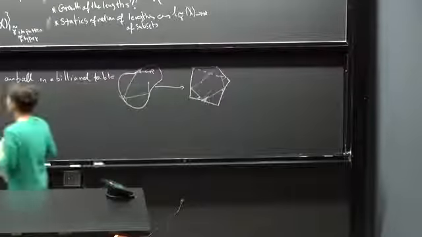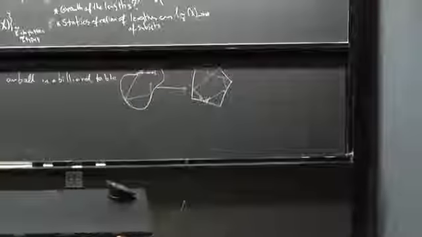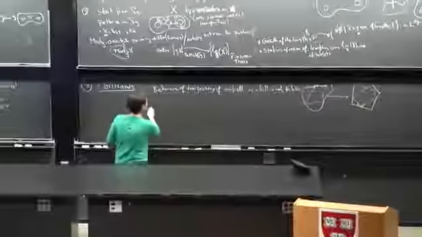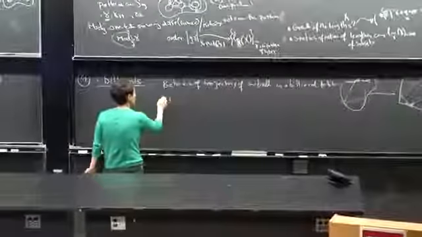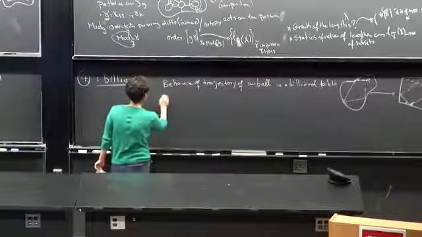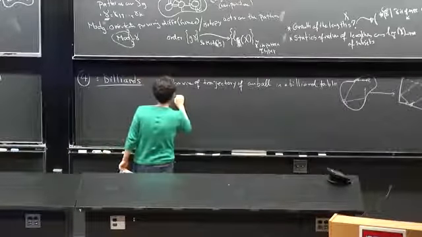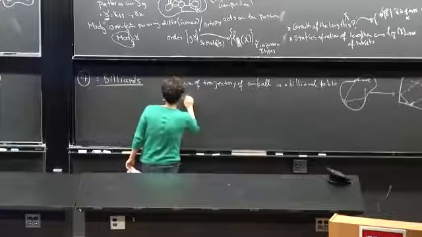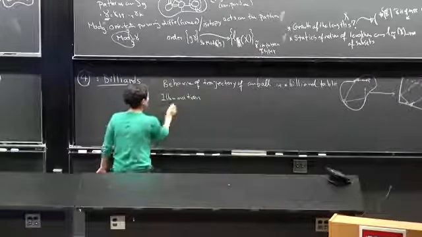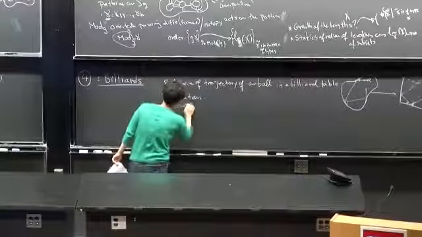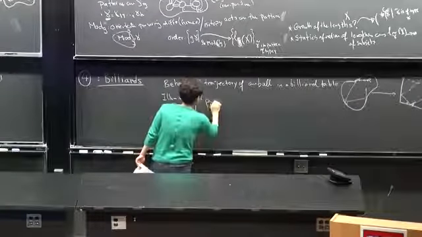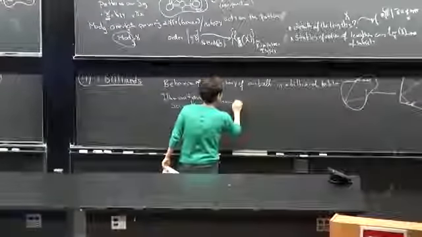Another problem which is related to this: I want to mention two other problems and then discuss the relations with the dynamics. They're called illumination and security problems on billiards.